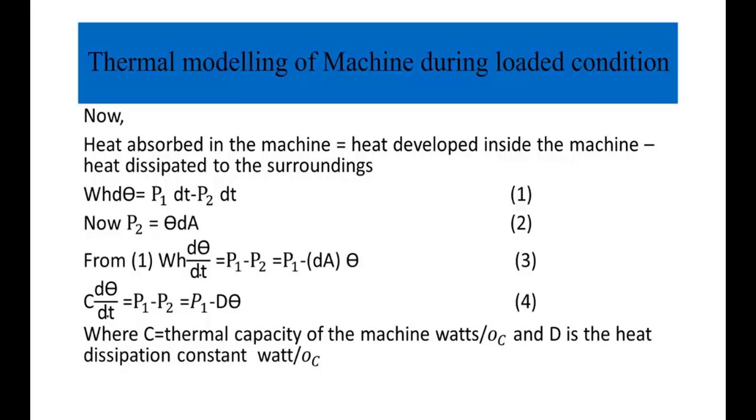Again, by rearranging equation number 3, C d theta by dt is equal to P1 minus P2, which is P1 minus D theta. Here C is the thermal capacity of the machine in watts per degree centigrade, and D is the heat dissipation constant in watt per degree centigrade.